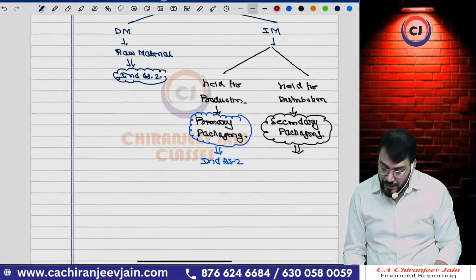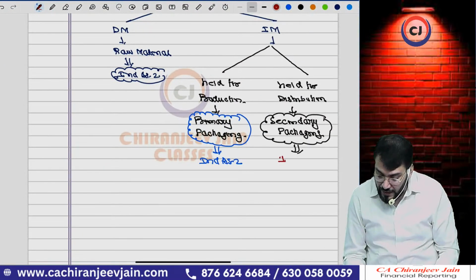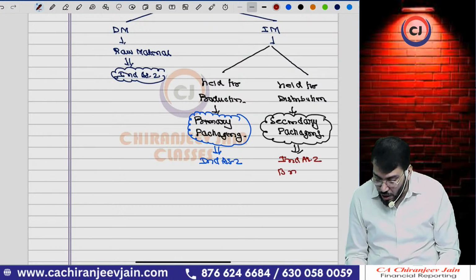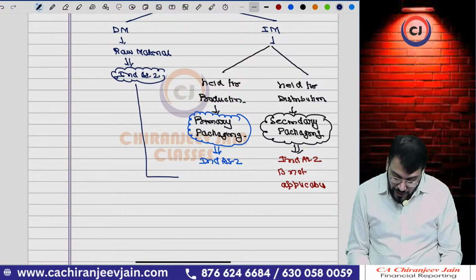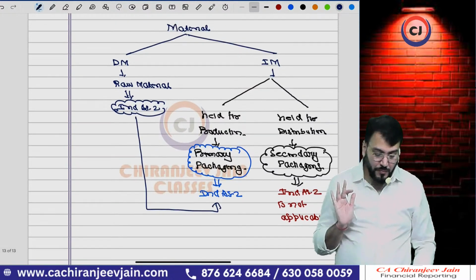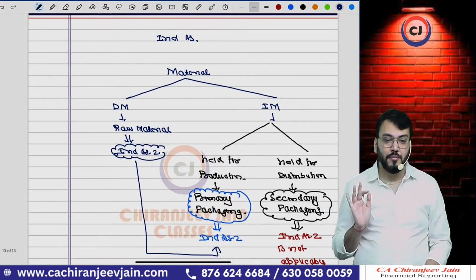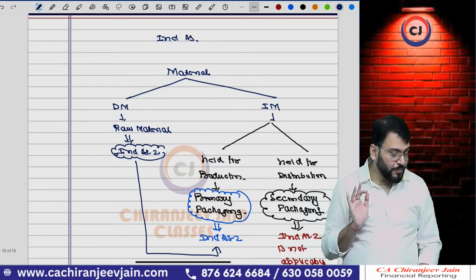Therefore, this is inventory, but this is not inventory. Ind AS 2 is not applicable. For this one, Ind AS 2 is applicable. Chalega? Got this point?